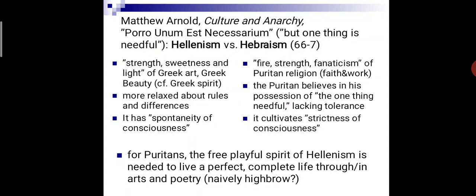Again, there are three movements: the Oxford movement, the Pre-Raphaelite movement, and the aesthetic movement, which emerged in the period of Queen Victoria. So here we can understand this is the background for your Victorian criticism and Matthew Arnold's touchstone method.